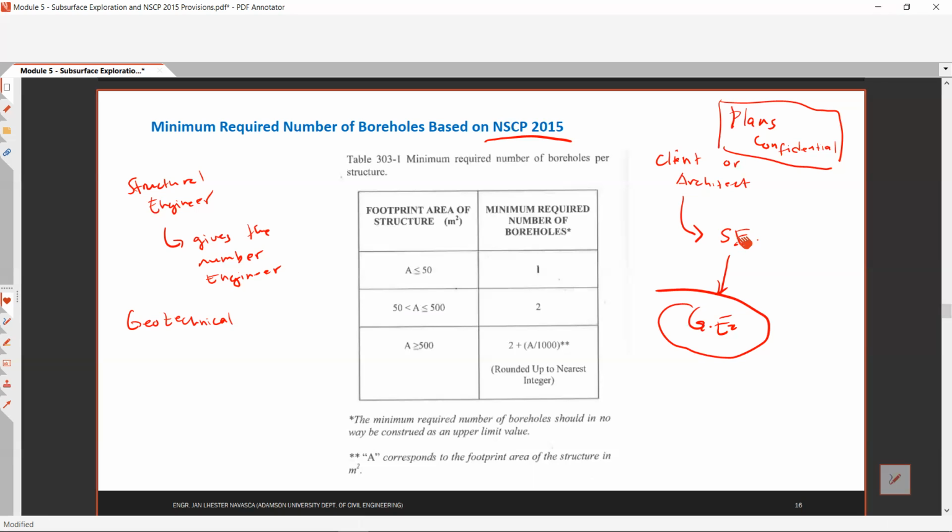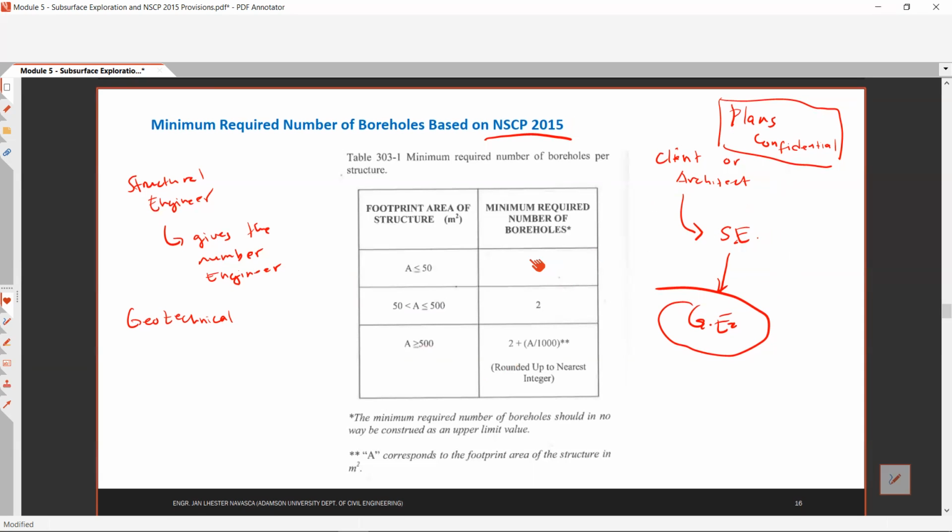Therefore, we, as structural engineers, will give the client or the architect the number of boreholes, and this client or architect will tell the geotechnical engineer how many boreholes are required, the minimum boreholes required, as stated by the SE. So given this NSCP 2015, the footprint area of the structure determines the minimum number of boreholes.